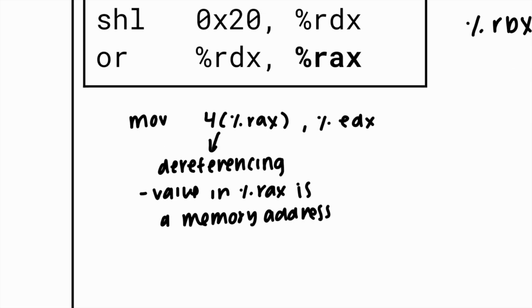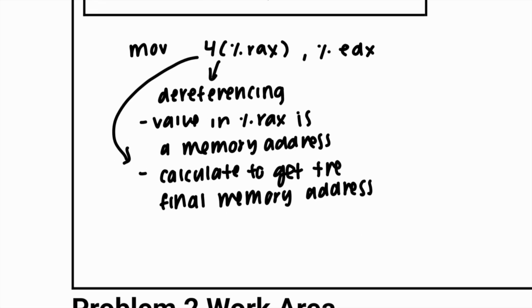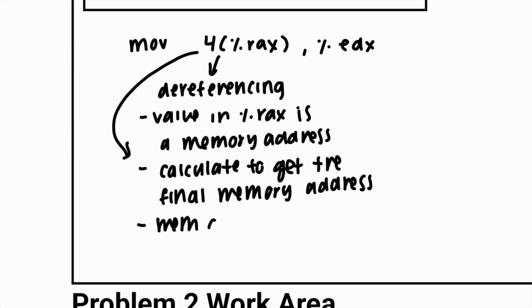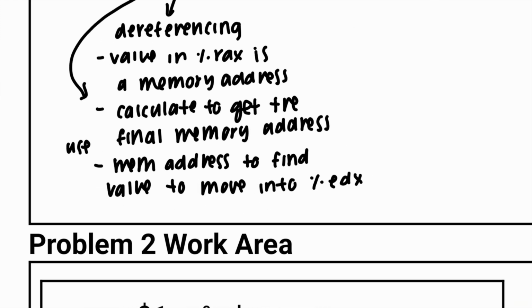And this 4 in front means that we need to calculate to get the final memory address. Once we have the memory address, we have to use that memory address to find the final value to move into EDX. Again, EDX is last 4 bytes of RDX.